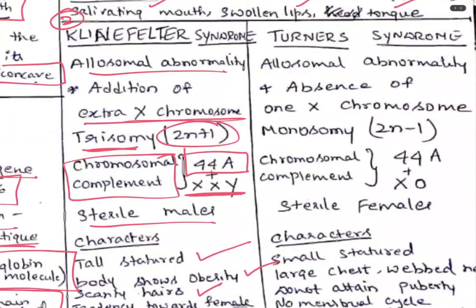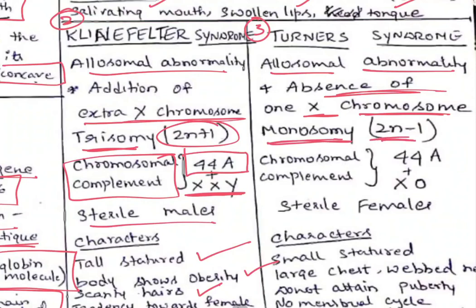Now let us move towards the third chromosomal disorder in your syllabus, that is Turner syndrome. It is also an allosomal abnormality due to the absence of one X chromosome. Hence monosomy, 2n minus 1. And the karyotype or the chromosomal complement is 44A plus X0.